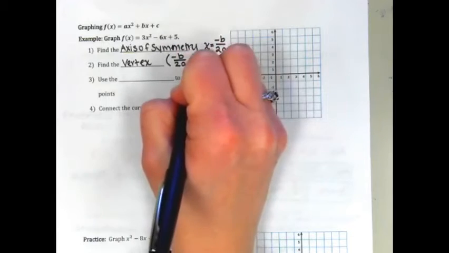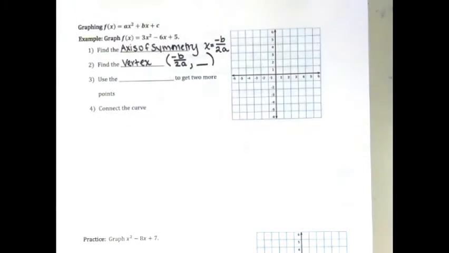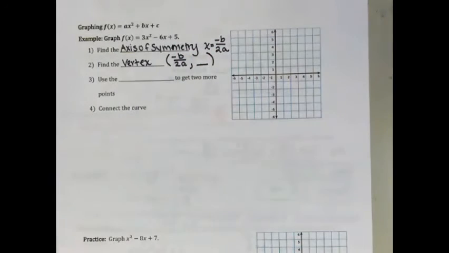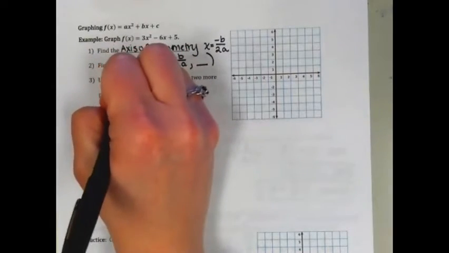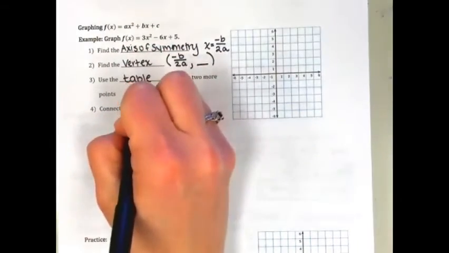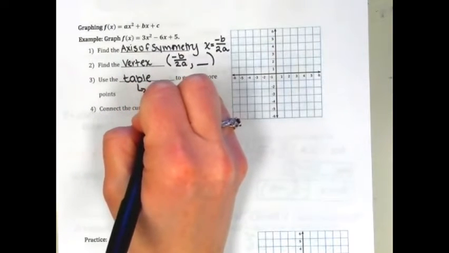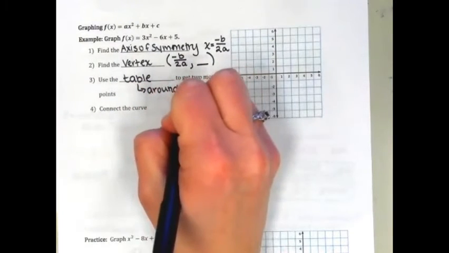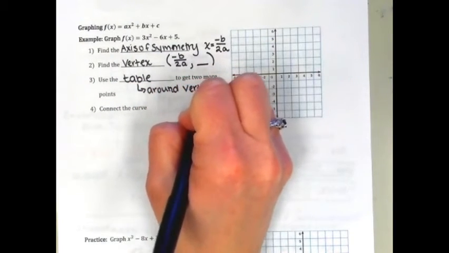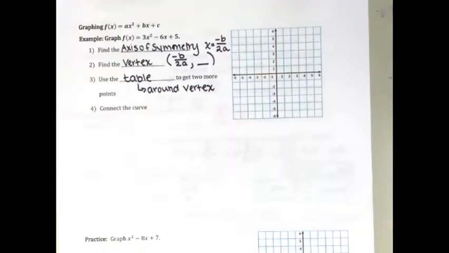And how do you find the y? Plug it in. And then from that, I'm going to use a table of values to get 2 more points. And I always do it around the vertex. So we won't always use 1, 2, -1, -2 now, because my vertex isn't 0, 0 anymore, is it? No.